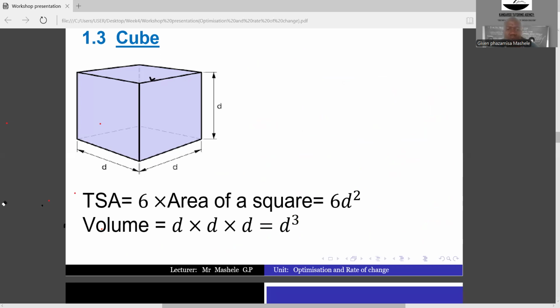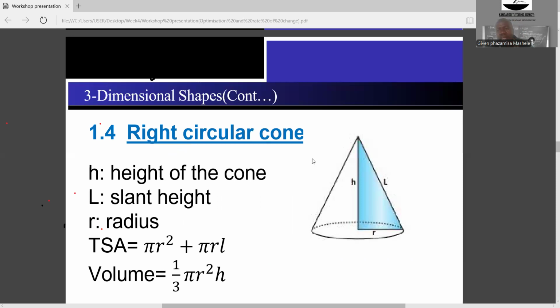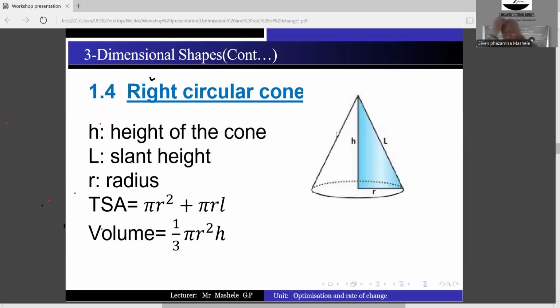In a right circular cone, ladies and gentlemen, this is one of the concepts where in the exam, especially in grade 12, if they give you a circular cone, they usually will give you the formula to determine the total surface area and the volume of that cone. Because for a grade 12 learner, it is too complicated to explain the formula.